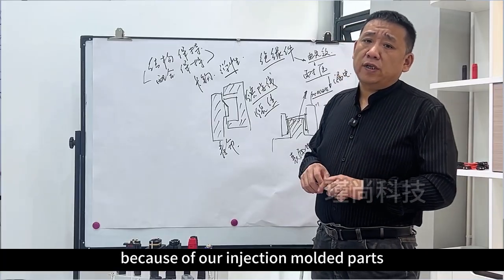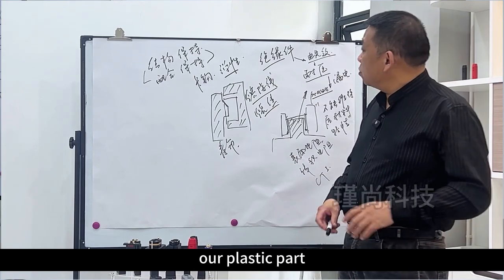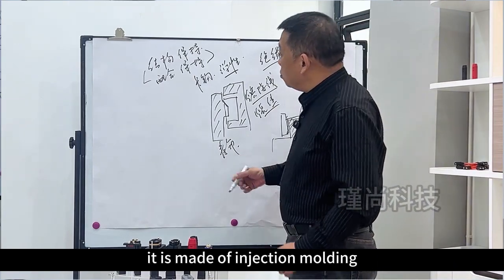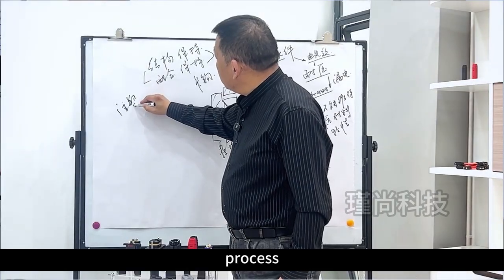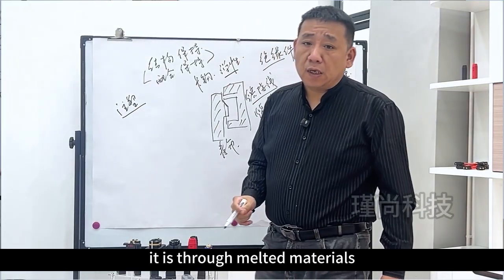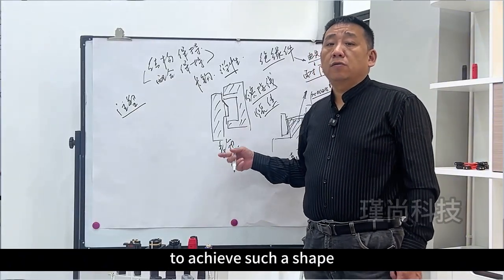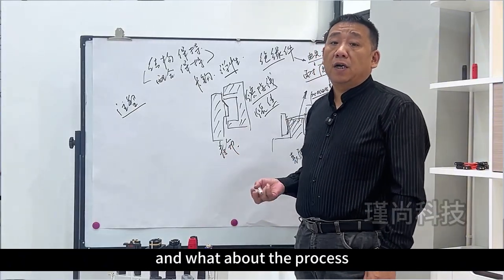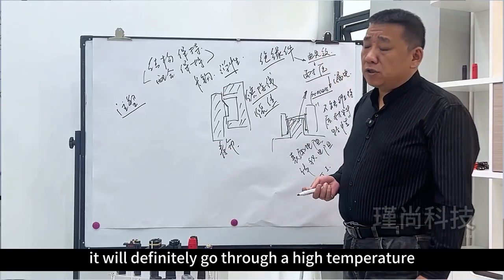Because our injection molded parts are made by an injection molding process. Our plastic part is made by injection molding. During the injection molding process, it is through melted materials, through a rearrangement of molecules, that it achieves such a shape. And the process will definitely go through a high temperature.